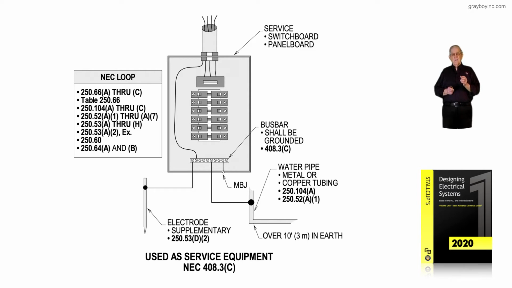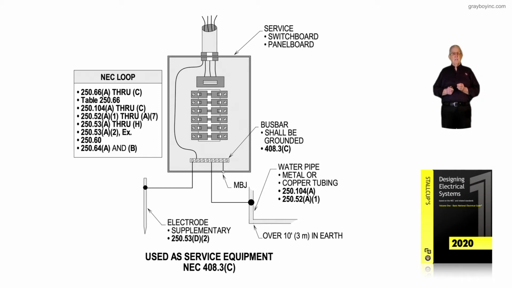It's like studying any document or standard. We start with 408.3(C). That's the first section you would look at. But to understand what is being asked of you as an electrician or designer, look at the NEC Loop.